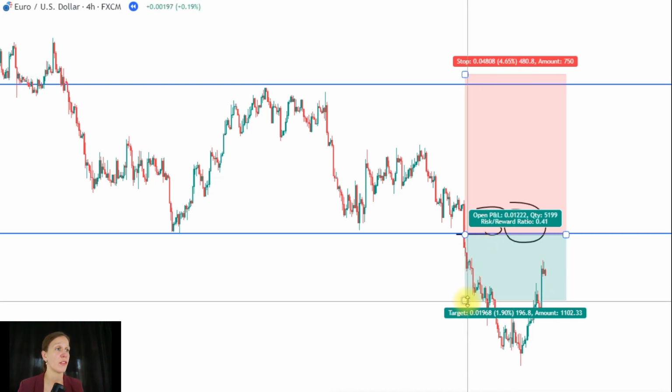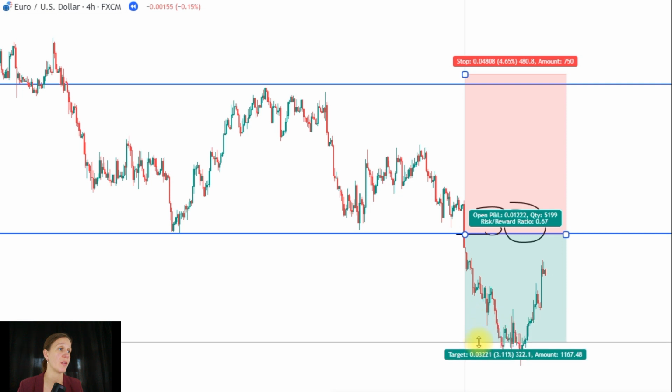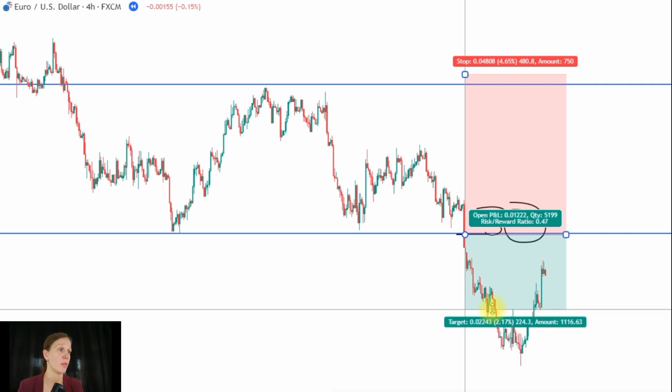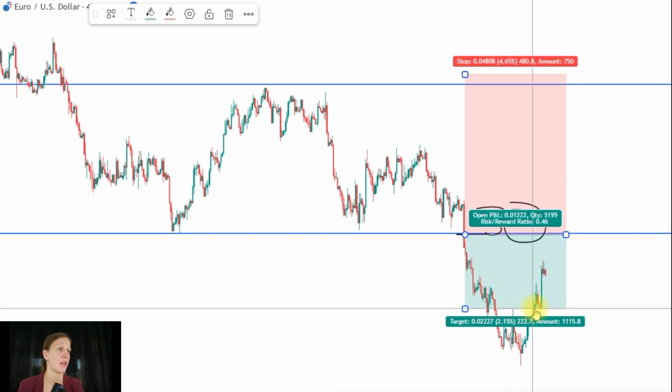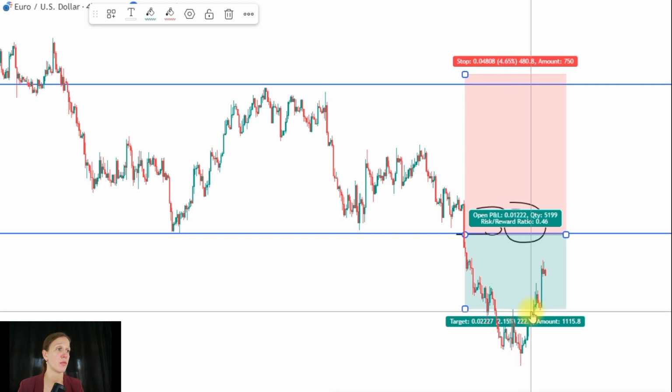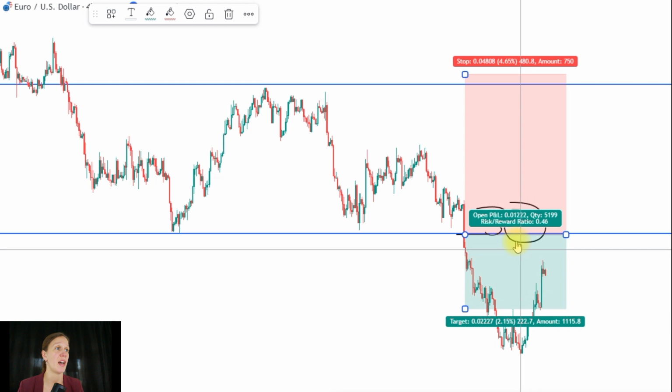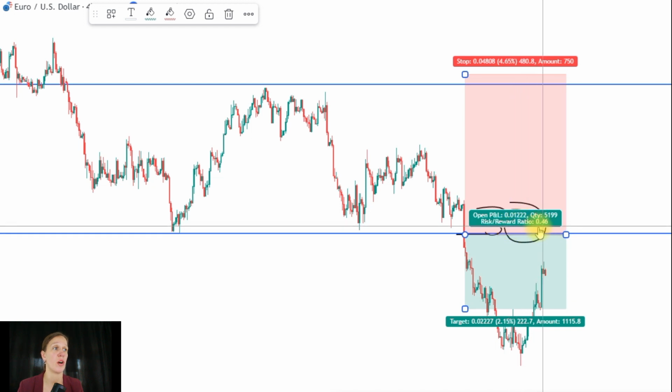And even compared to how far the further movement down went, so maybe if you manage your trade, then you drop out of this market right here when the market breaks through the last high, and then you have a risk-reward ratio of 0.46. So this is not really a good strategy for this market and time frame, because that's simply just too much risk and too little profit.